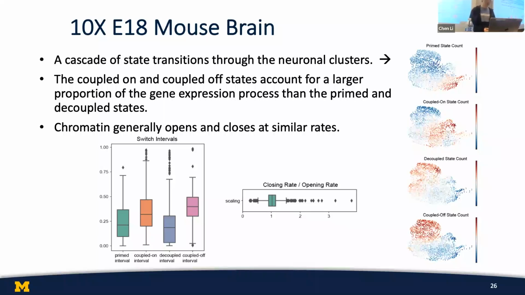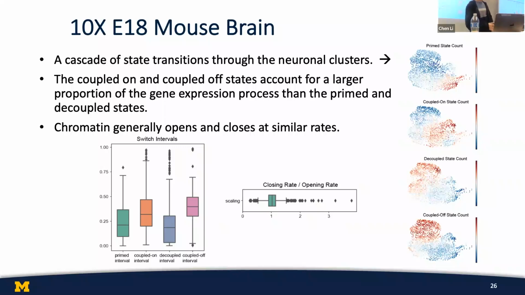This is summarized in the figure on the left. The primed interval, coupled on interval, decoupled interval, and the coupled off interval for each gene, which we observe are usually shorter for the decoupled intervals.